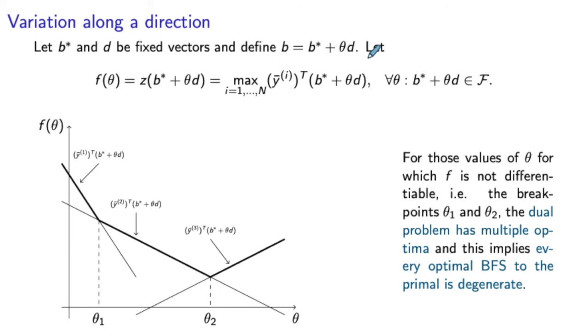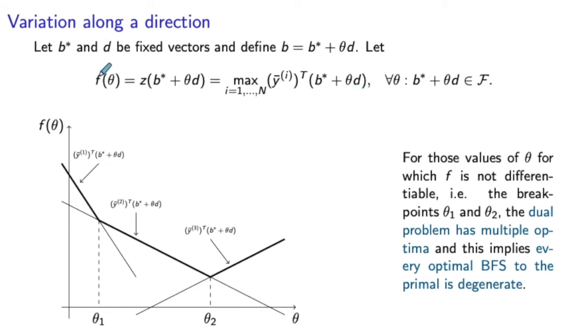Alright, so then we can represent our function z of b as f of theta, a function of just one scalar parameter, which is given by the pointwise maximum here of y_i transpose multiplied by b star plus theta d.